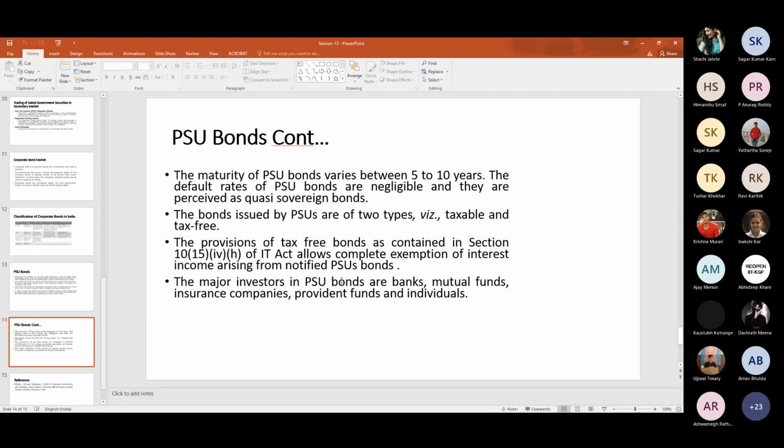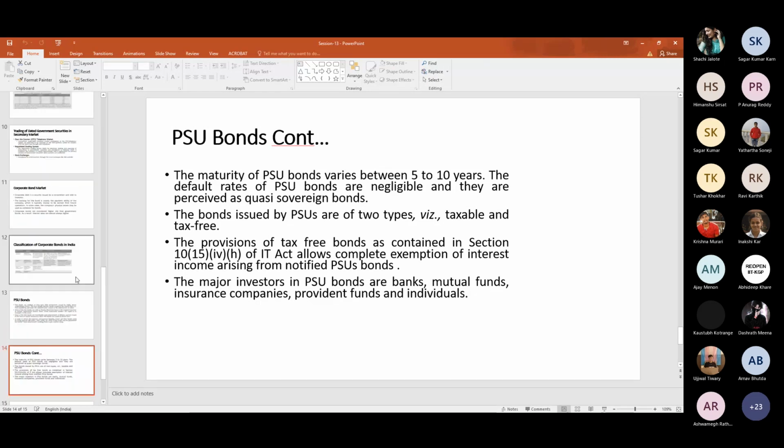The maturity period of PSU bonds varies between 5 to 10 years. The default rates are almost negligible, like government dated securities. That's why they are generally perceived as quasi-sovereign bonds, with more or less the same features as government dated securities.